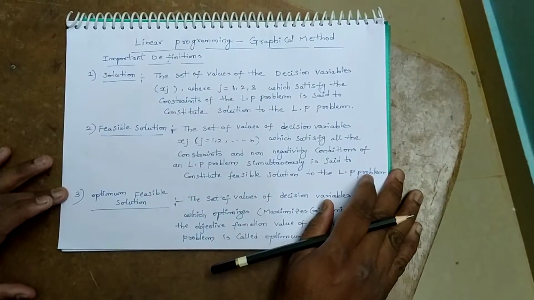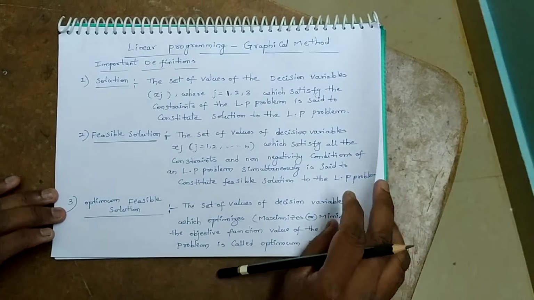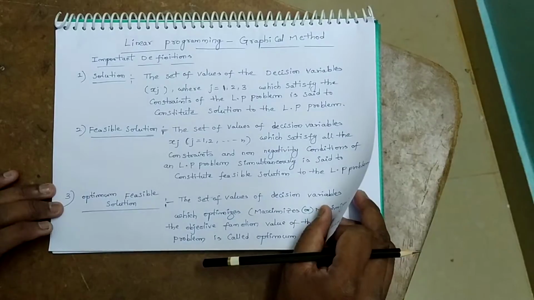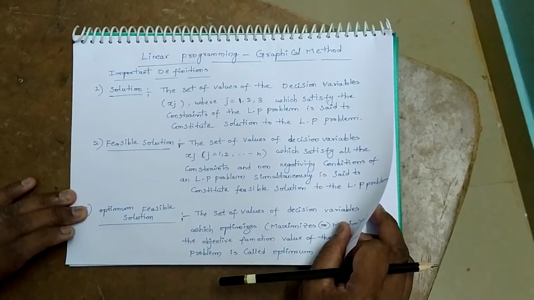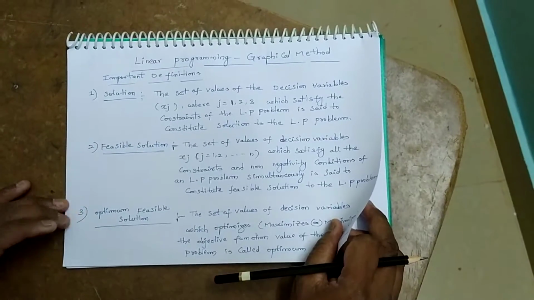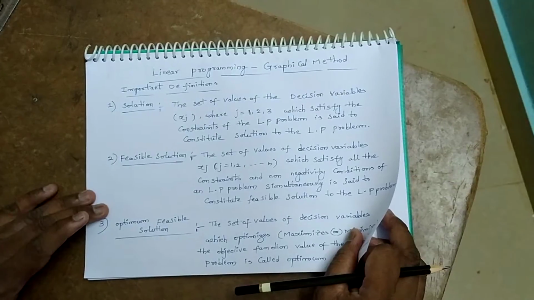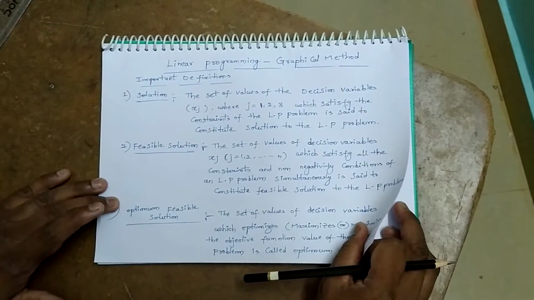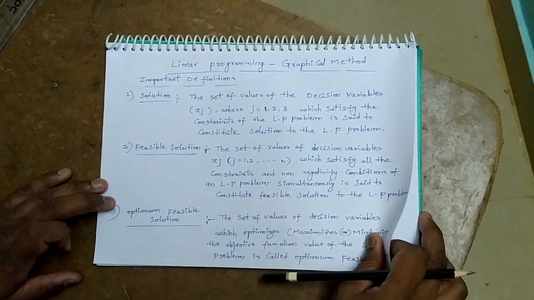The first important definition is: what is a solution? A set of values of decision variables which satisfies the constraints of the linear programming problem is said to be a solution. You know what a decision variable is, which was already discussed in the previous class.